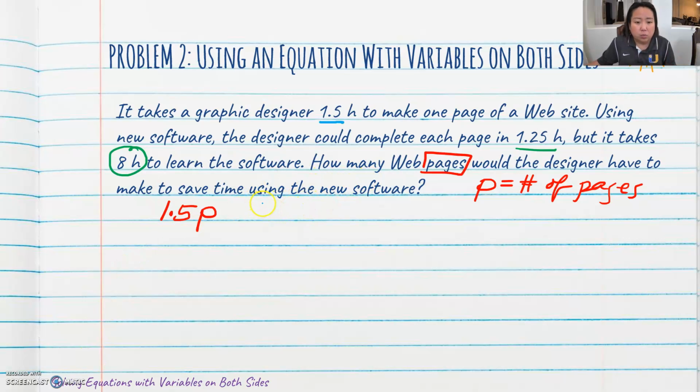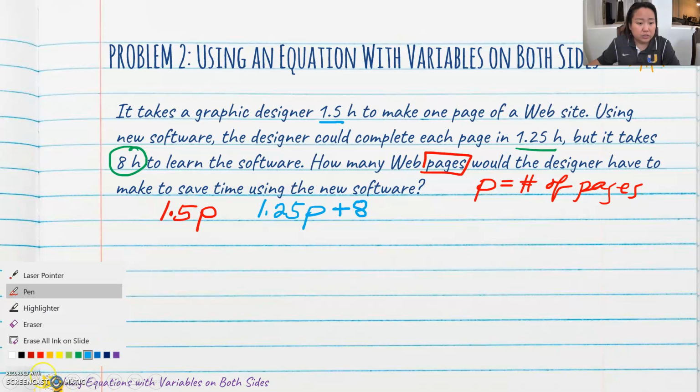Now remember, what are the restrictions of the new software? It will take 1.25 hours for every web page, but again, you have to spend 8 hours to learn the new software. So you can create web pages faster, but you have to consider the additional 8 hours to learn the software.